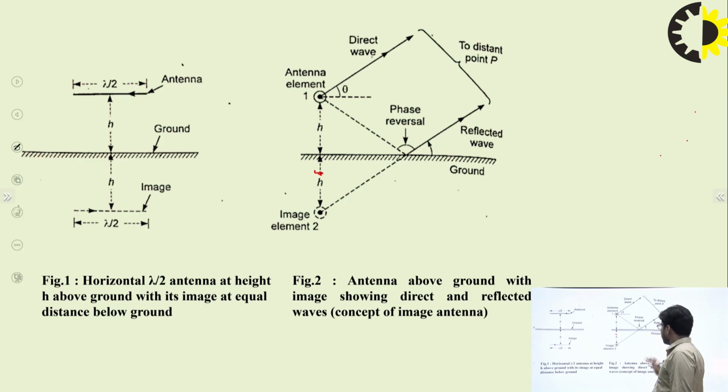You can see here, using the image theory concept, you can make the same antenna below the ground plane, an image antenna element 2, at a similar height as it has above the ground plane, that is h.